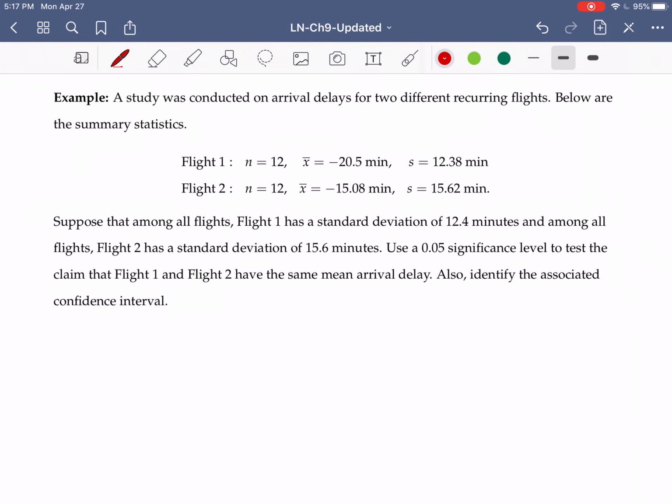A study was conducted on arrival delays for two different recurring flights. Here are the summary statistics, so we will call this population 1, and this population 2, or sample 1 and sample 2, however you want to think about that. Suppose that among all flights, flight 1 has a standard deviation of 12.4.